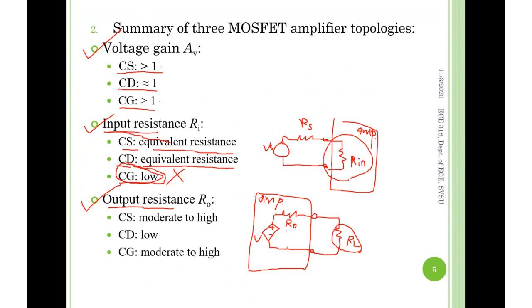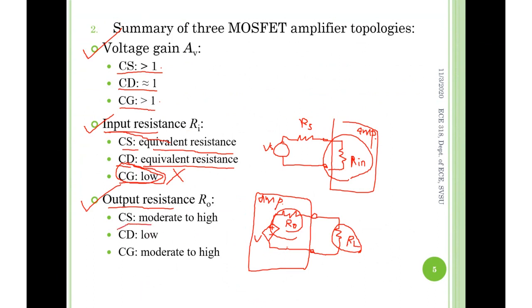So the lower Ro, the better. Or say the lower Ro compared to RL, the more voltage your RL as load can receive from your amplifier. Does it make sense? So the lower the better. Who is a good one?